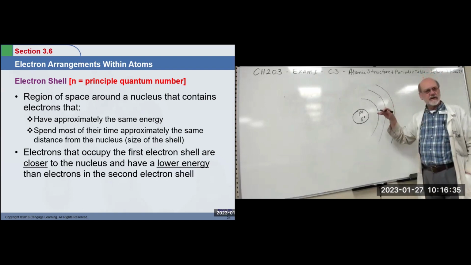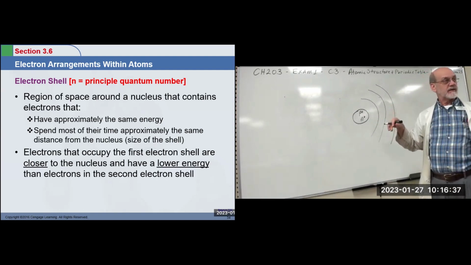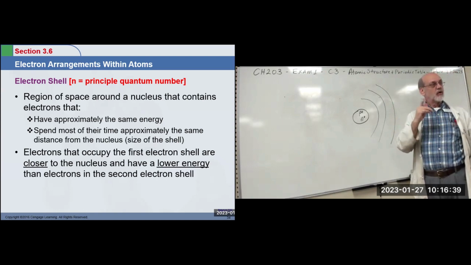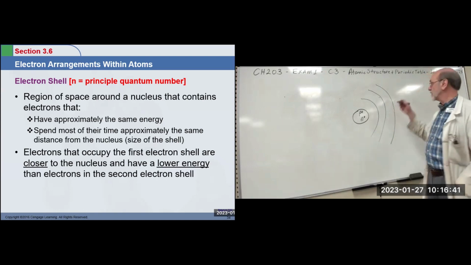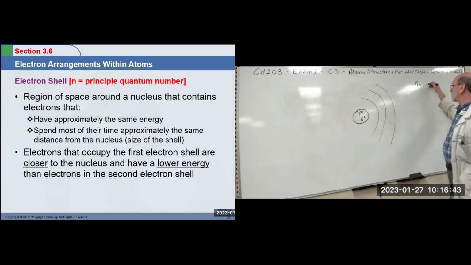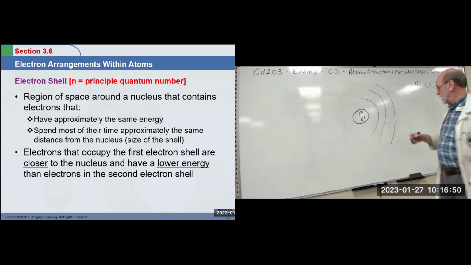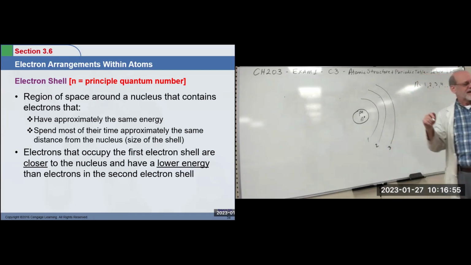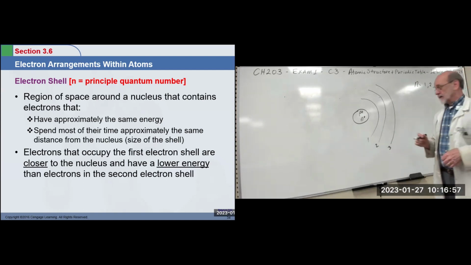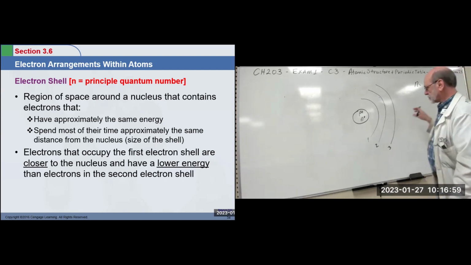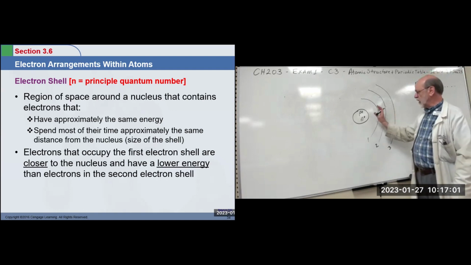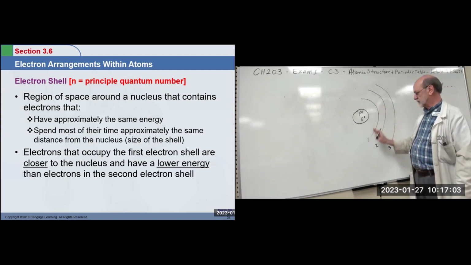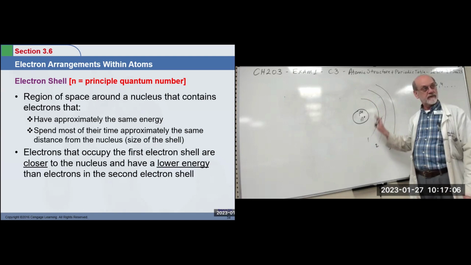These levels are called electron shells, and he gave them whole number integers, n. N could equal 1 or 2 or 3 or 4, whole numbers. This would be 1, 2, 3, and on up. He said that this is the lowest energy that an electron can have in that first level.